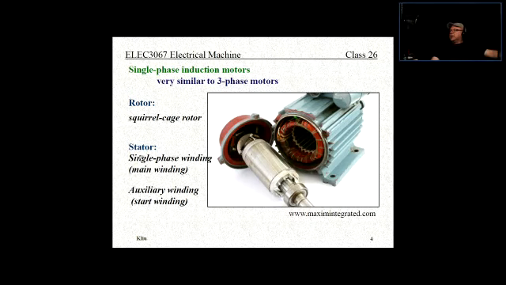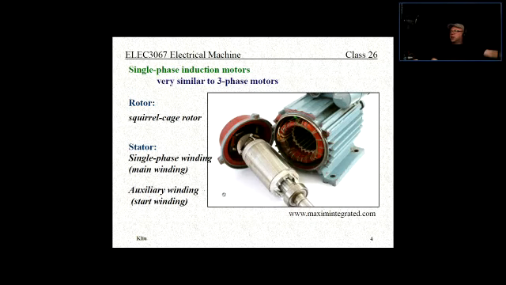And so on the stator we have single phase winding, and we have the new guy on the block here, the auxiliary winding. That sounds really intimidating. Auxiliary winding. Using those words is going to make you look smart, right? So run that, auxiliary winding.